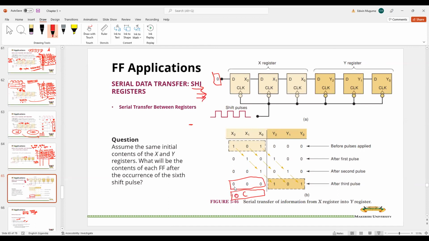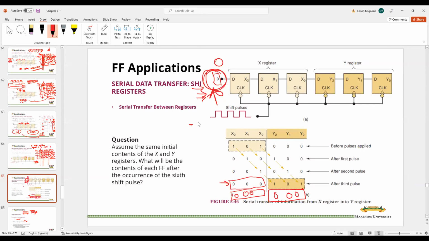So 0, 0, 0, but they push these ones out, and these ones simply continue into the Y register, meaning you still end up with a 0. That's a consequence of the fact that this is always kept at 0. So the answer was that after 6 pulses and above, even if I had said 10, even if I had said 100, until we change this, everything will be 0. So we need to know that I have this information, I need 4 pulses, and after that I need to stop, and my information will be pushed into the new register.